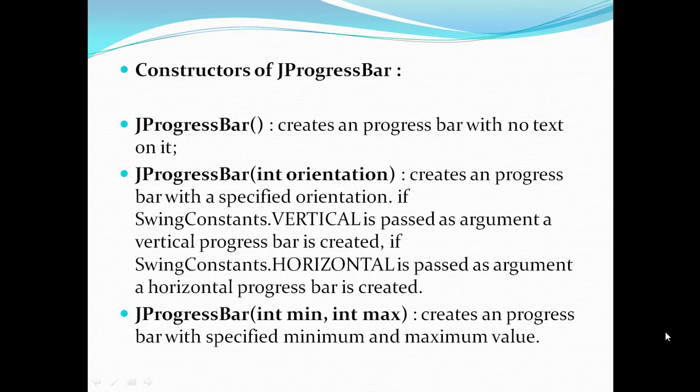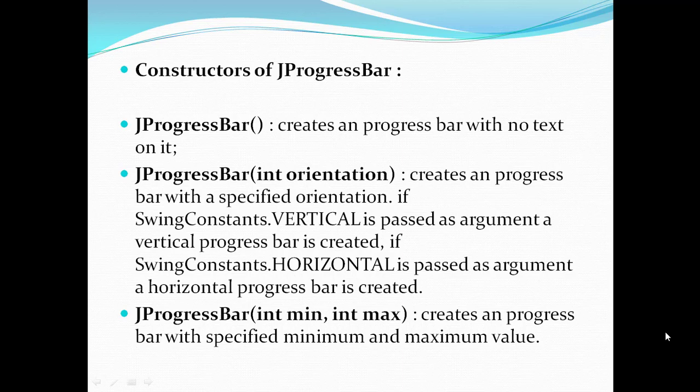If SwingConstants.VERTICAL is passed as argument, a vertical progress bar is created. If SwingConstants.HORIZONTAL is passed as argument, a horizontal progress bar is created.